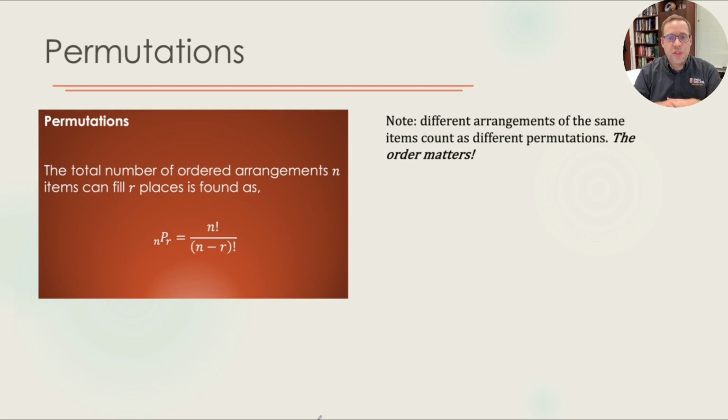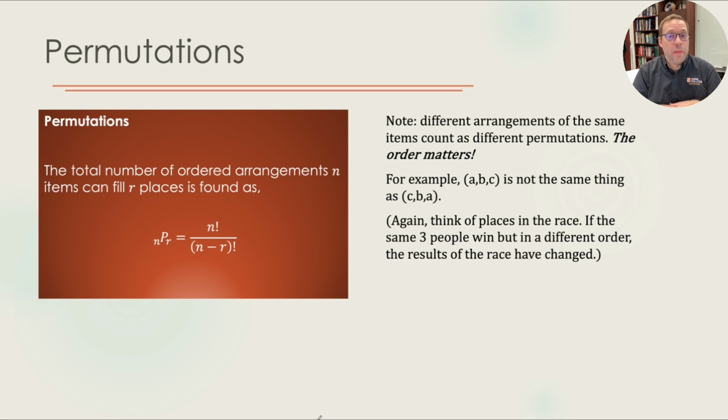A couple of notes. Different arrangements of the same items count as different permutations, meaning the order in which they are selected matters. For example, A, B, and C are not the same thing as C, B, and A. And this really makes sense if we go back to our race of 13 people.